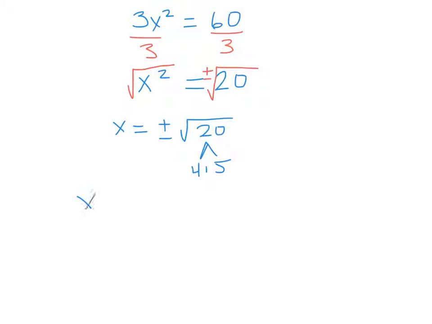So we can write this as x equals plus or minus square root 4 times square root 5. And then, of course, that square root 4 will simplify to 2. So our solutions are x equals 2 square root 5 and x equals negative 2 square root 5.